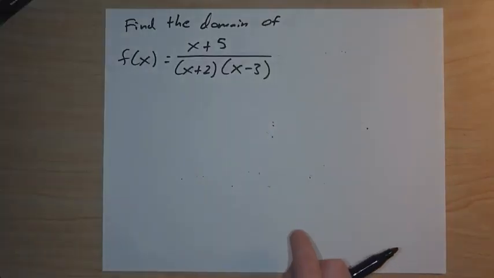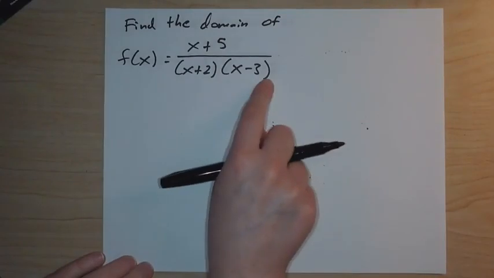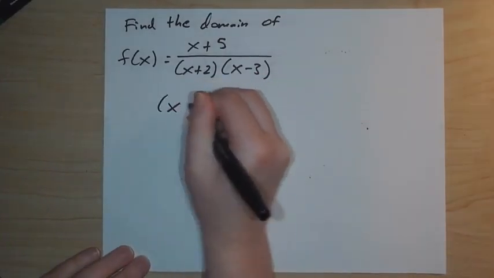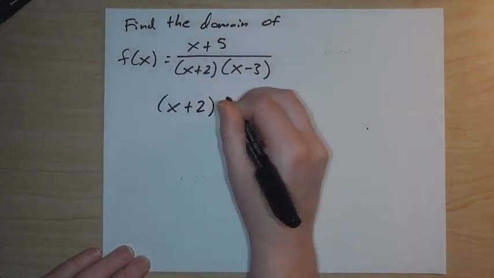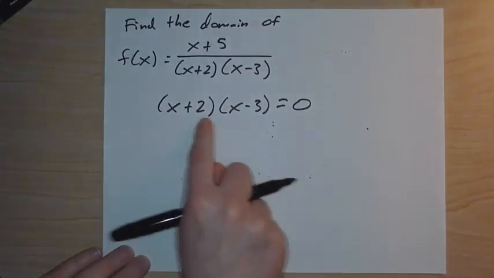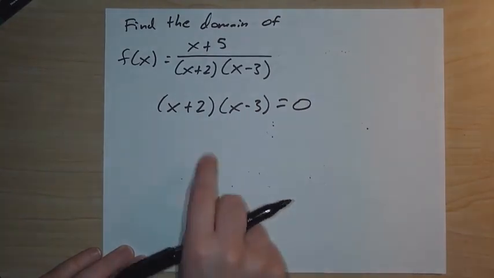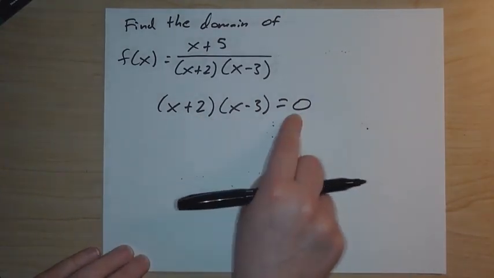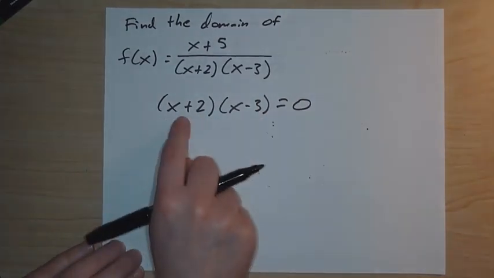Here's another example of finding the domain. We still can't have our denominator be 0, so I'm going to set that equal to 0. There are two cases where this will be 0. If x plus 2 is equal to 0, then x would be negative 2.